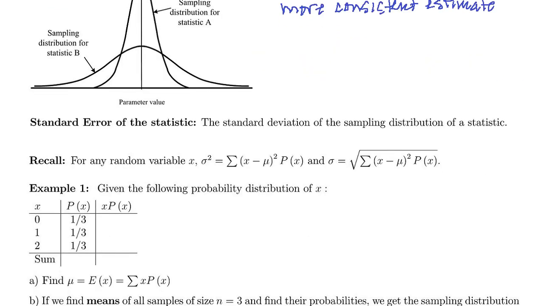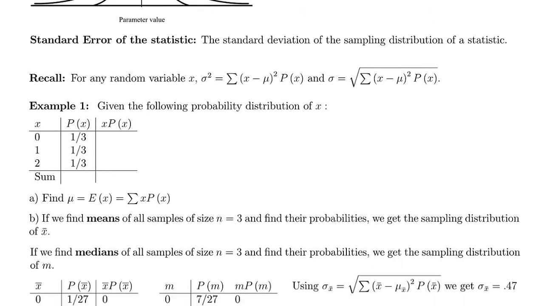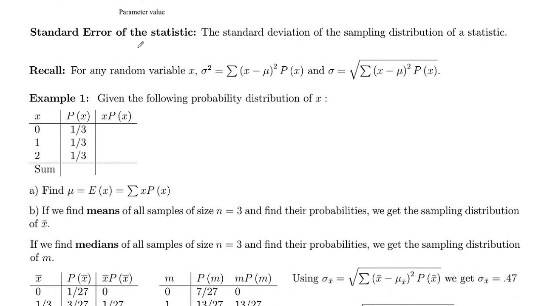And then the standard deviation, or the measure of variation for a sampling distribution, is called the standard error of the statistic. So that's our standard deviation of the sampling distribution for that statistic. Now recall that for any random variable, the variance, sigma squared, is the sum of x minus mu squared times probability of x. And so the standard deviation is the square root of that quantity.